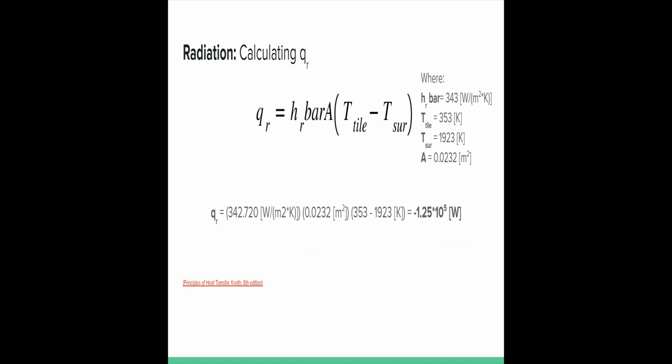And this equation uses HR bar, the average heat transfer coefficient for radiation, A, which is area, T tile, which is temperature of the tile, and T star, which is temperature of the surroundings. And note here that your heat transfer rate for radiation is also a negative number, and we were expecting this.